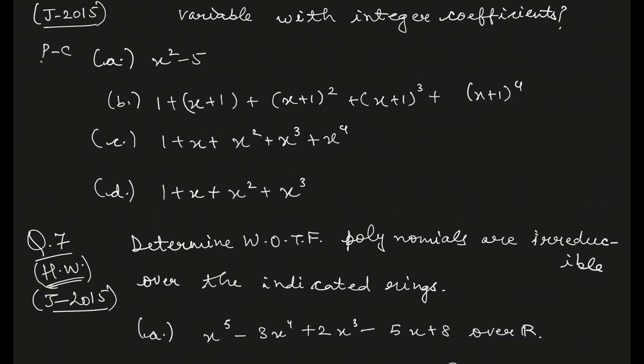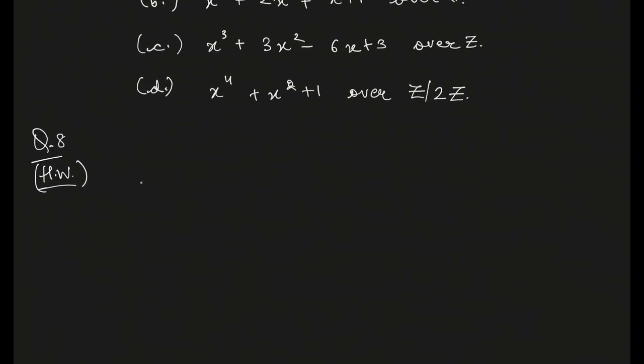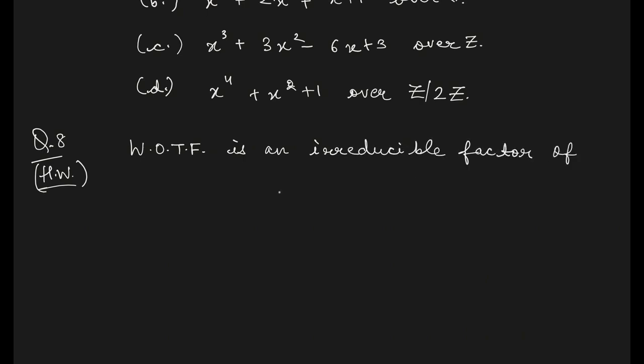These two questions were both part C, MSQ, more than one option can be correct. Which of the following is an irreducible factor of x to the power 12 minus 1 over rational numbers?